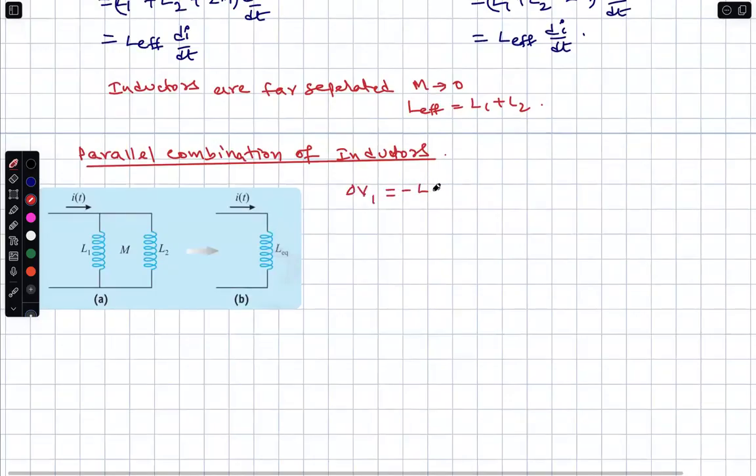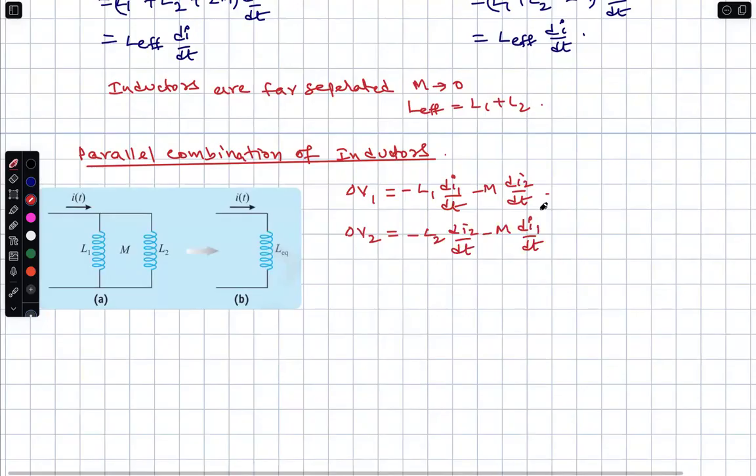You will simply write minus L1 di1 by dt minus M di2 by dt. Similarly, delta V2, both are same, of course, minus L2 di2 by dt minus M di1 by dt. Just to know, we have done a previous IIT question.